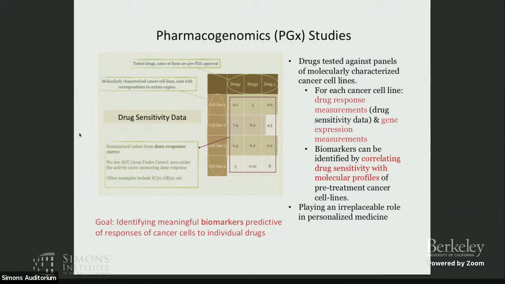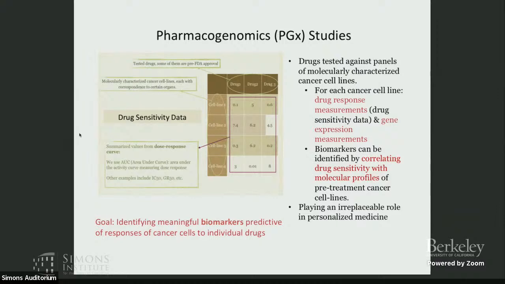The major goal of pharmacogenomic studies is to connect the drug response data with molecular profiles of cancer cell lines together, to identify meaningful biomarkers that can be predictive of responses of cancer cells to individual drugs.